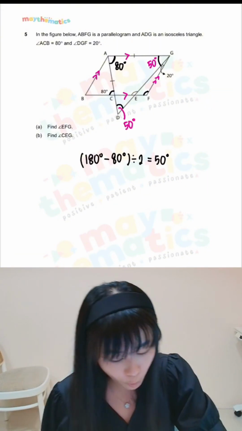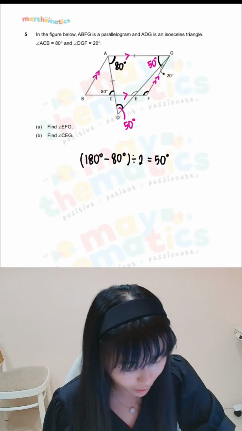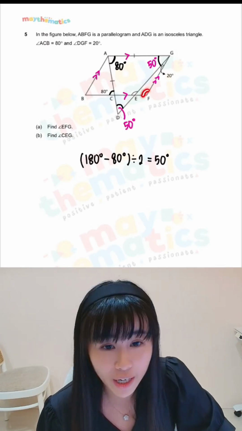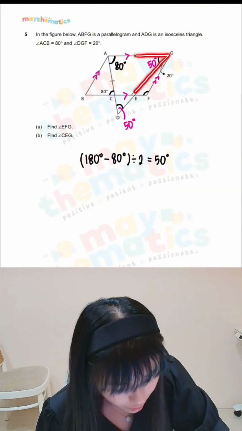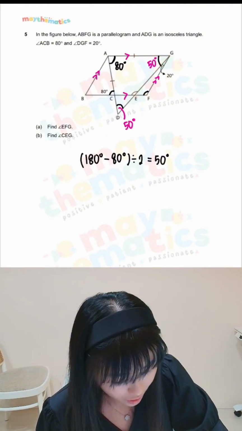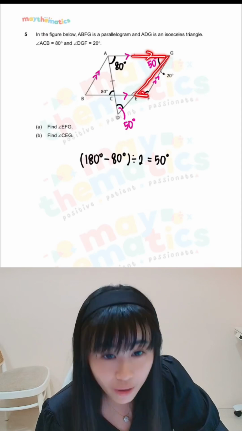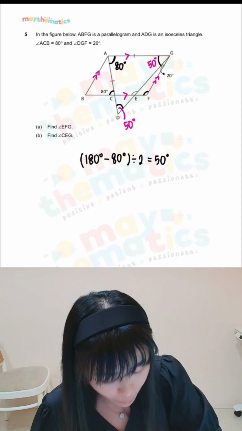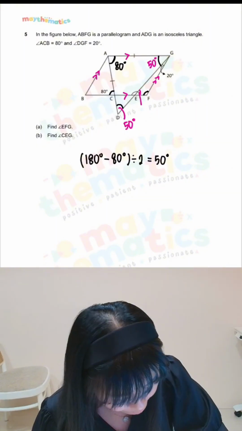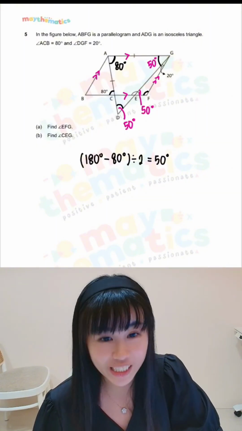Now we are very close to what they want. To get closer, look here again. Do you see another Z shape? Parallel. So if this is 50, this is 50. It will be the same. Very good, you are learning very well. Alternate angles.